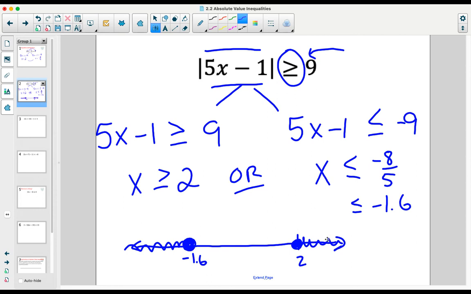If I tried 3 from over here, I would get 14, which obviously has an absolute value larger than 9. And if I tried a number from over here, say negative 5, 5 times negative 5 is negative 25, minus 1 is negative 26, and that absolute value would also be larger than 9.